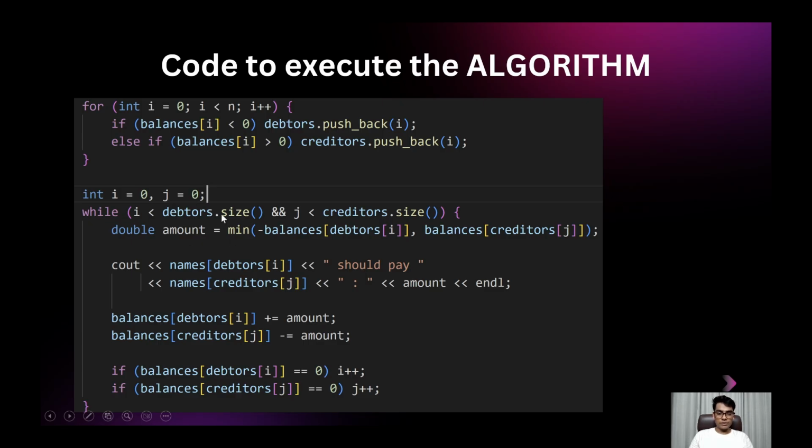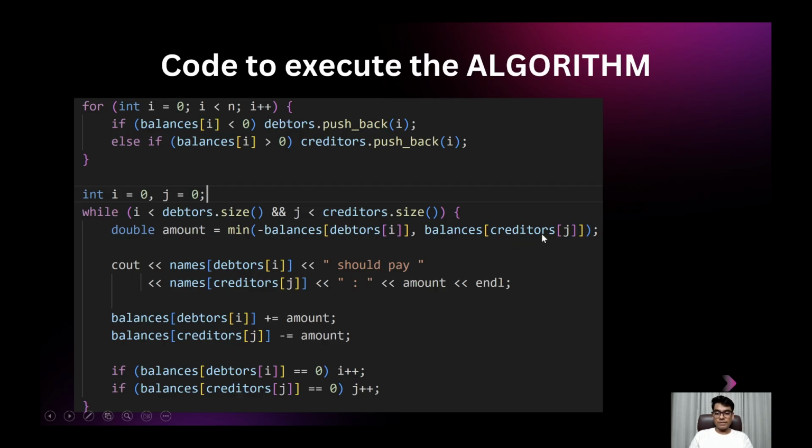Take a person from debtor and creditor, which is the minimum of balance of debtors i. For example, if the debtors' first element was 0, then balance 0 corresponds to the person at index equal to 0. And I have taken a minus sign because the balance at the debtors i index would be negative. So to make it positive, I have taken a minus sign.